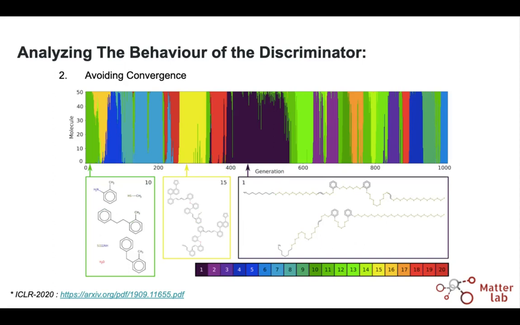Now, we observe that if we run our genetic algorithm for long periods of time, it essentially proposes the same molecular families for multiple generations. We call this convergence, and we approach this problem as a local minima trap. By incorporating a time adaptive penalty of the discriminator, I urge you to look at the paper for a deeper explanation, we can essentially avoid this problem.